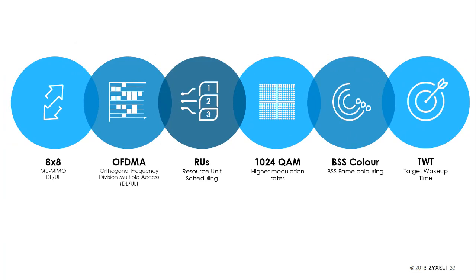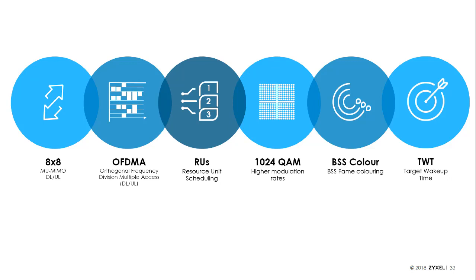So let's take a top level look at a major part of the technology that sits behind 802.11ax. We've just briefly touched on 8x8 multi-user MIMO. The biggest difference here is that multi-user MIMO supports both downlink and uplink, unlike 802.11ac Wave 2, where it only supported downlink.